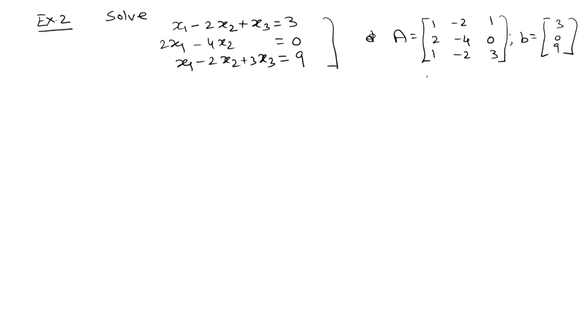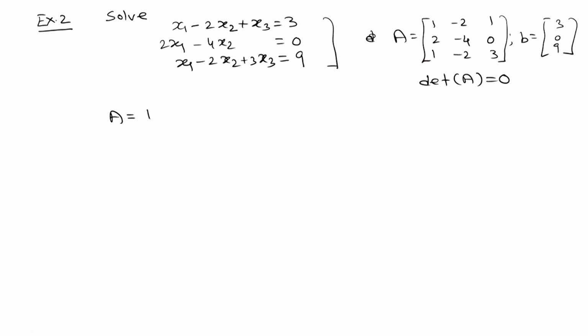If you check here, determinant of A comes out to be 0, and hence you cannot obtain A inverse, and you cannot find the exact solution like x equals to A inverse B. So, here if I perform the singular value decomposition of A, then A will become U S V transpose, where U is again a 3 by 3 matrix.